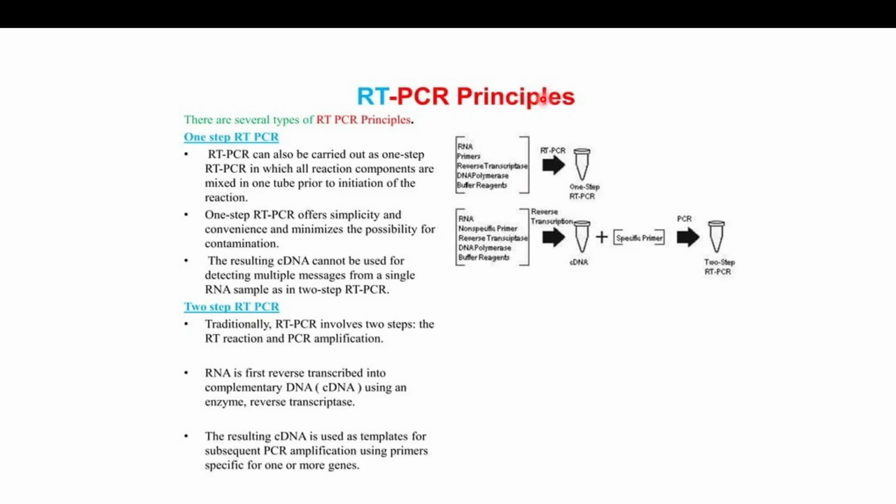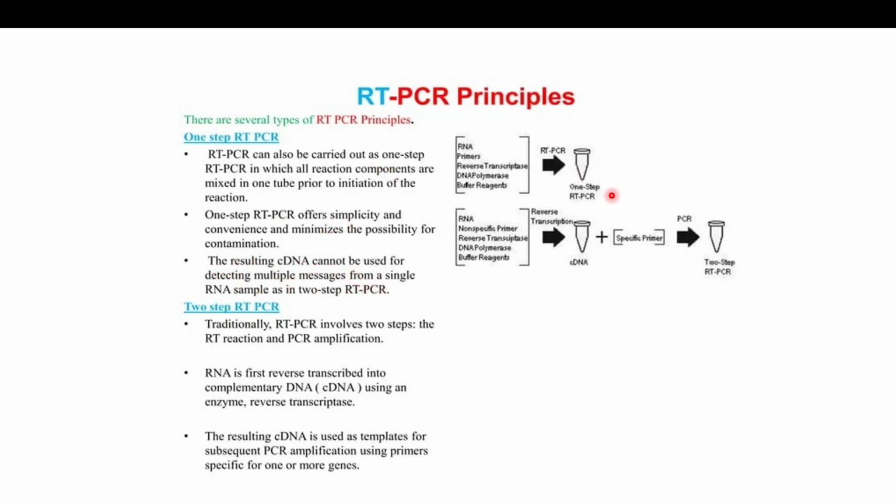RT-PCR is basically reverse transcriptase PCR. One-step RT-PCR is one in which all the reaction components are mixed in one tube, and the resulting cDNA cannot be used for detecting multiple messages.